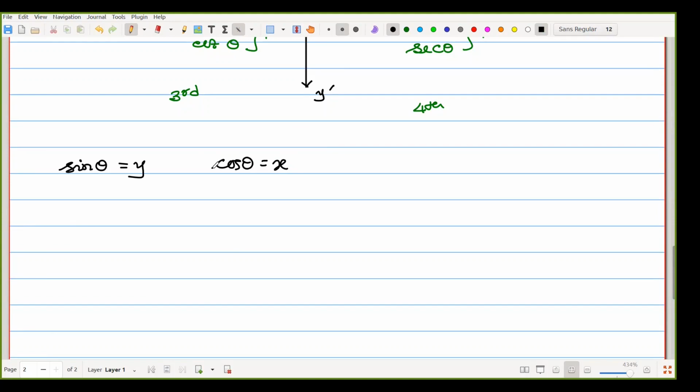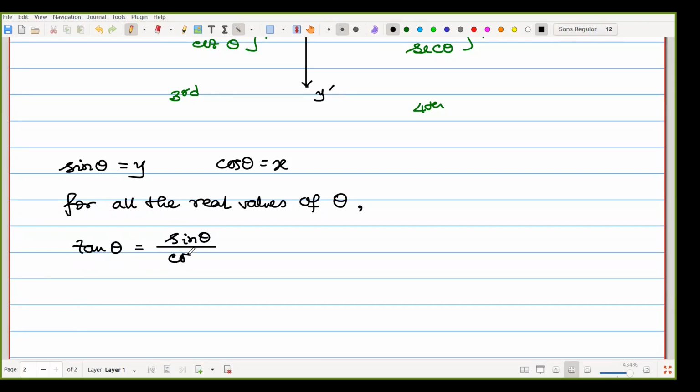So for all the real values of theta, we have tan theta is equal to sin theta by cos theta. That means y by x.